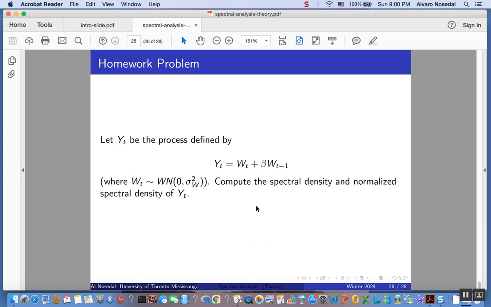In another video, we have already obtained the spectral density of that process, which, as you can see, is a moving average of first order. So what we're going to be doing in this video will be obtaining the normalized spectral density of that process.